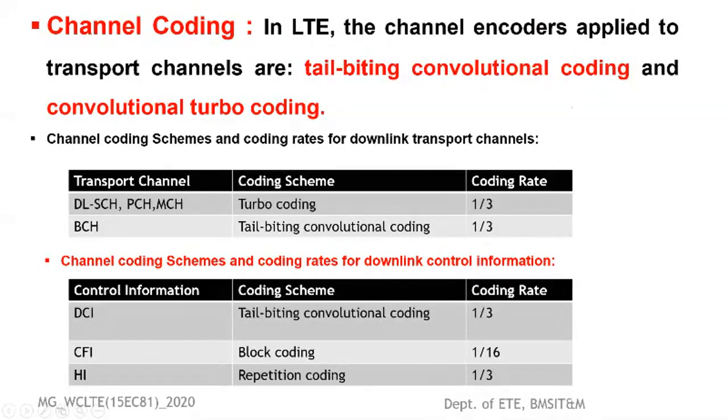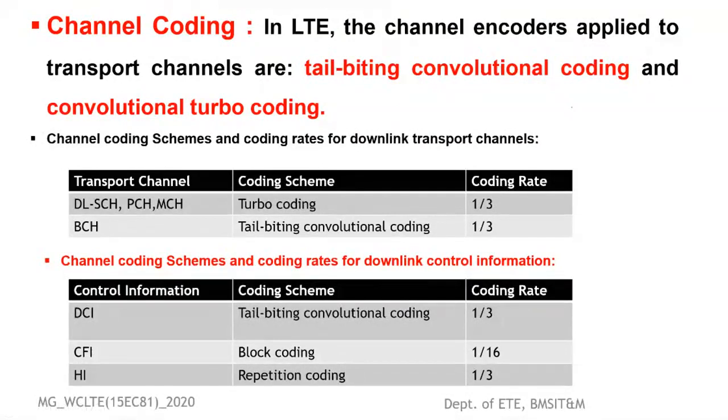So this is for downlink transport channels, and these are the 3 transport channels: downlink shared channel, then paging channel, multicast channel. Okay, for these 3 transport channels, the turbo coding scheme is used with a coding rate of 1/3. Okay, for broadcast channel, tail biting convolutional coding is used, with the coding rate of 1/3.